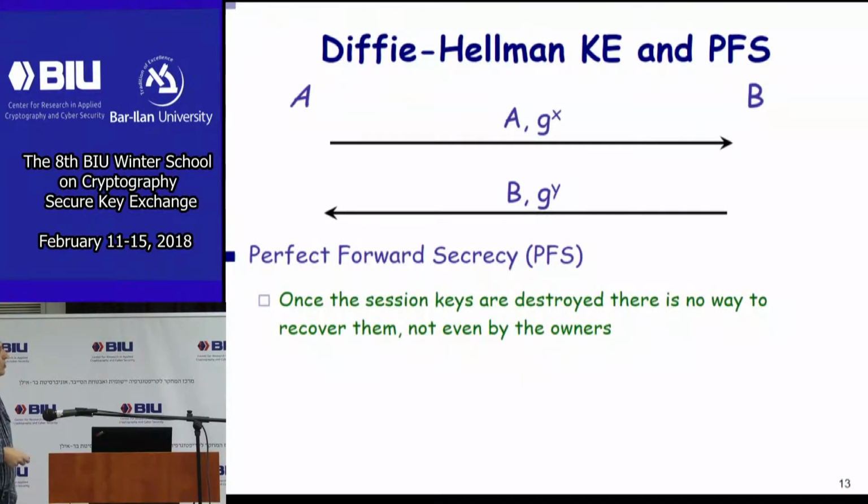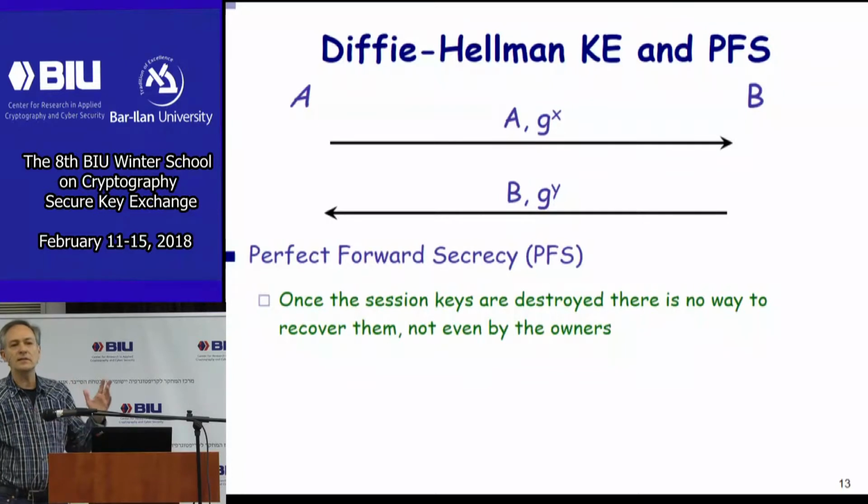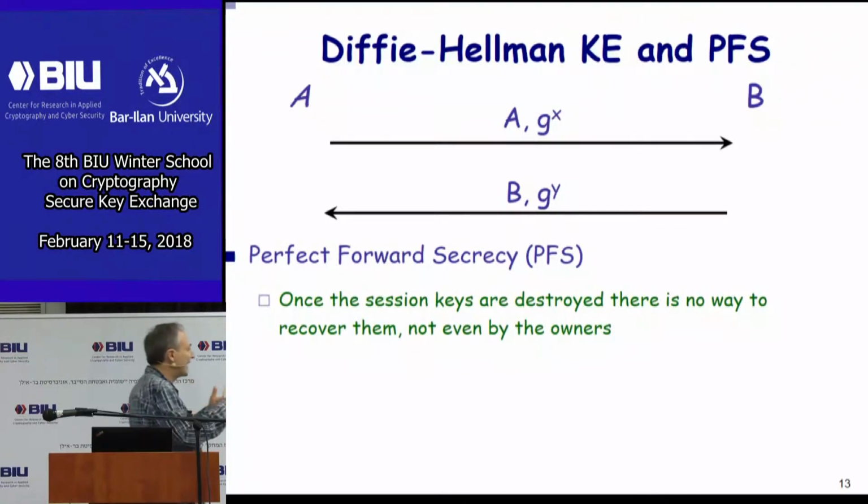But the protocol itself as is has this very important property: Alice and Bob are talking, they exchange g to the x, g to the y, they compute g to the xy, they derive a key, use it to talk to each other, and at some point they end that session. Think about it as a TLS session or a WhatsApp session. The session, that conversation, ends, and now the key that we use to secure our data can be deleted. So that K that was derived from g to the xy is deleted.